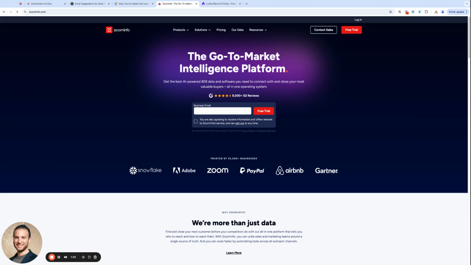Another problem with these providers is that they're very generic, and the data is not really fitting for your custom definition, because these are big box data providers that have millions of records in their system, and they have to try and create, for example, industry filters that apply to everyone. But you have a very custom definition of how you think about your target market. So for example, you may have custom categories.